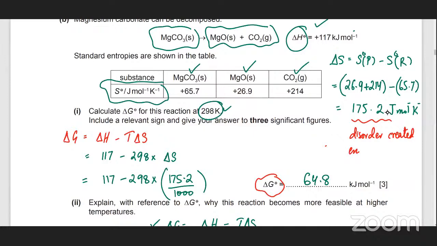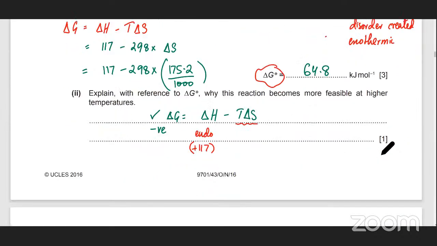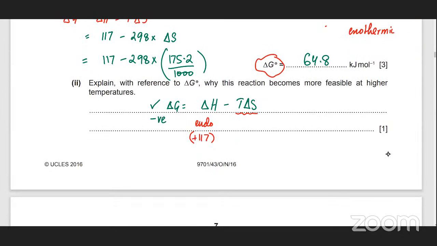That means it's going to be exothermic. Okay, so whenever disorder, gases are created, things would explode, disorder is created, and that's an exothermic process overall. So delta S is positive. So जब वो T से multiply होगा, it would automatically become negative.